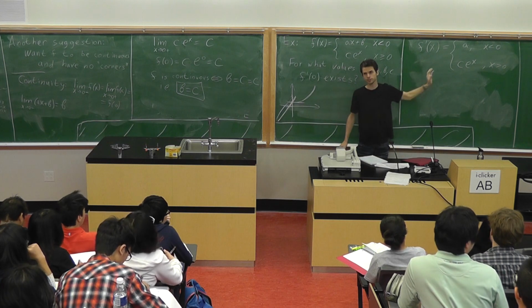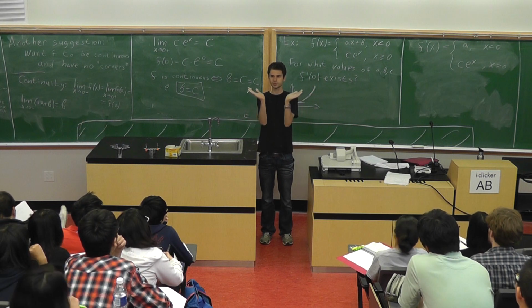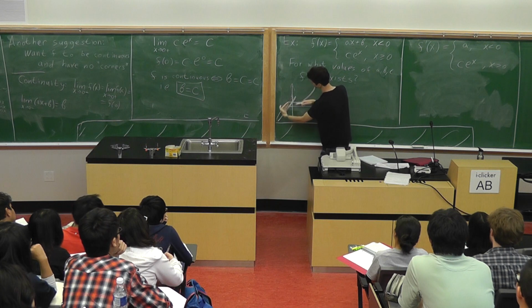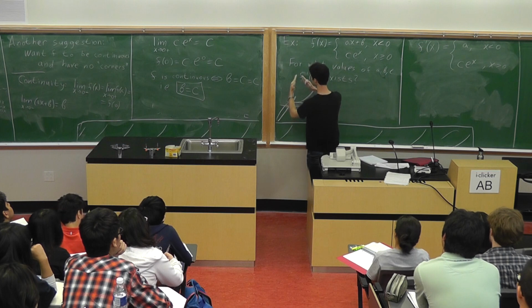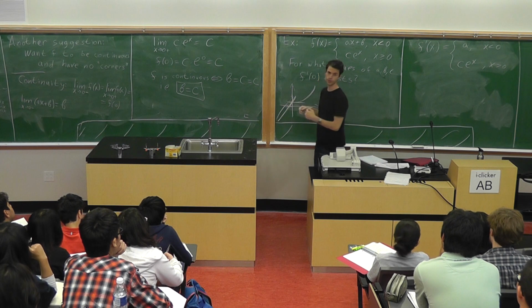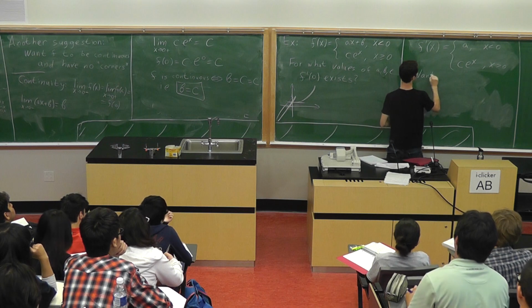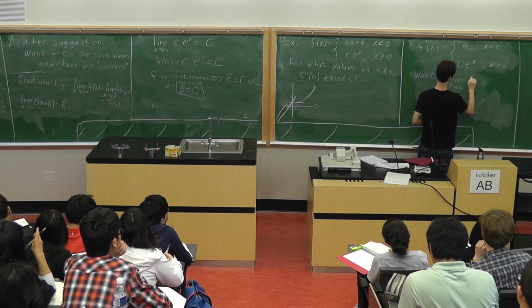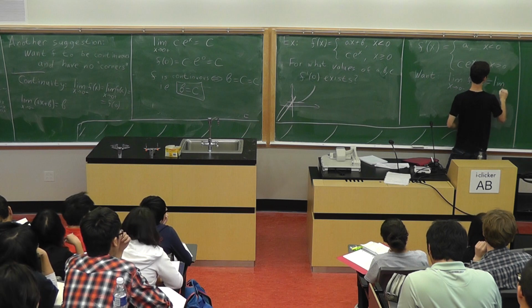So here I have my derivative, and I want the two things to match precisely at the point 0. I don't want this situation when one of them does not match the other one, and they create a corner. I want them to smoothly go from one to the other. So we want the limit from the left of f prime of x to be equal to the limit from the right.